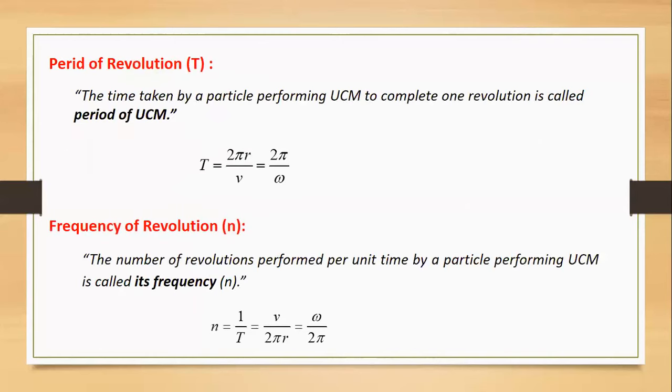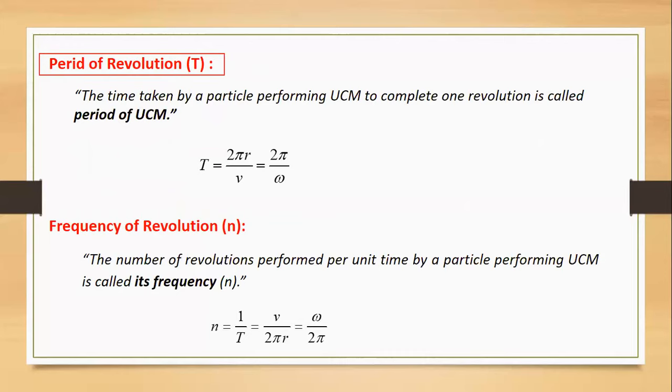The next basic quantity is period of revolution. Pay attention here. Everybody knows what a period is. Period of revolution means the time taken by a particle performing UCM to complete one revolution.